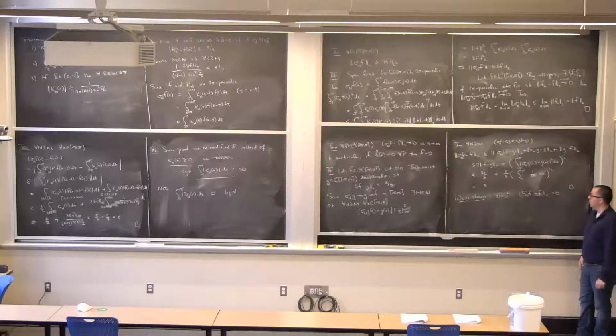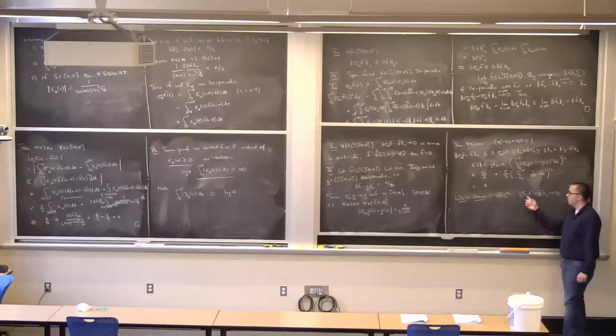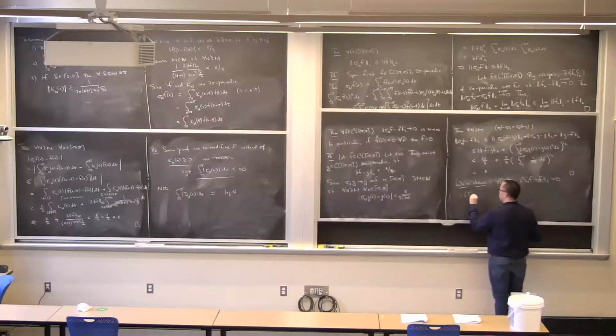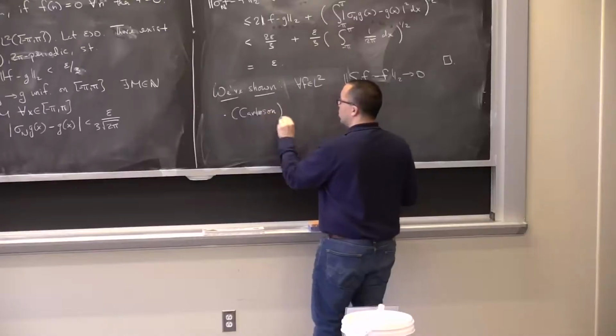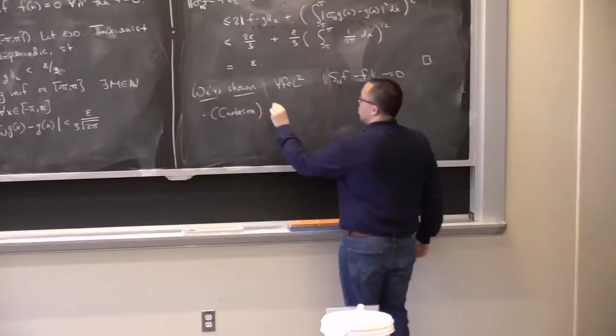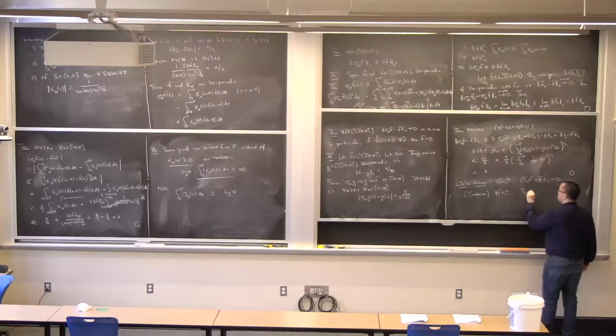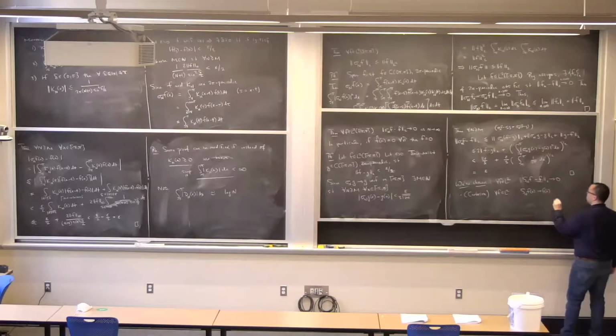Now, for a long time it was not necessarily believed that the partial sums converge to f almost everywhere, but a theorem due to Carleson shows that for all f in L2, partial sums do converge to the function almost everywhere.